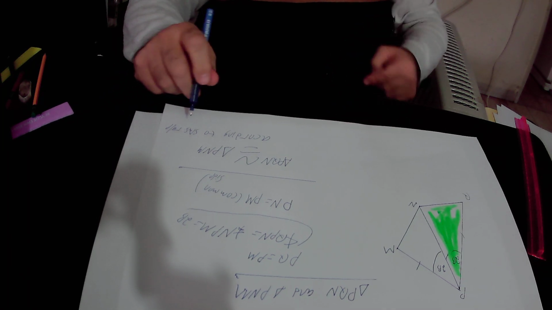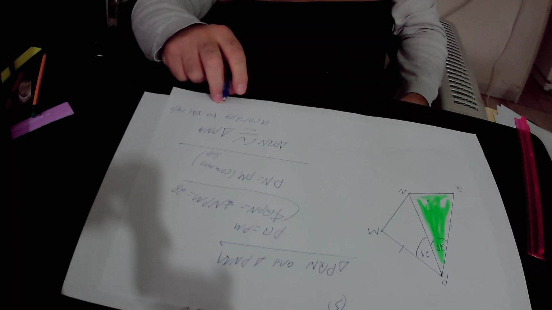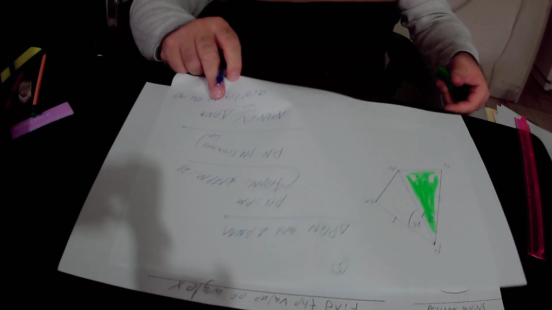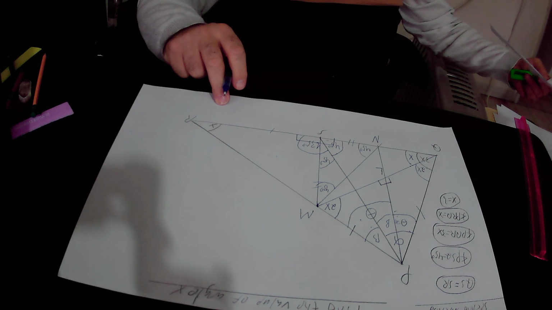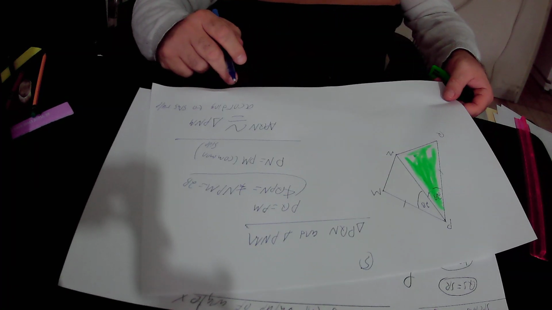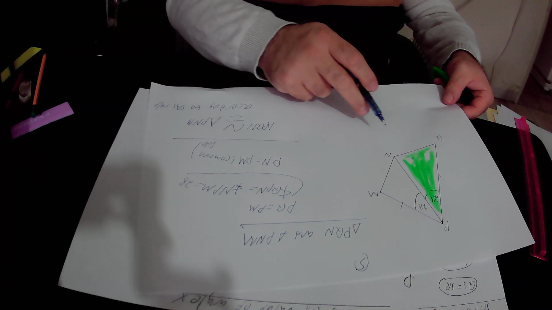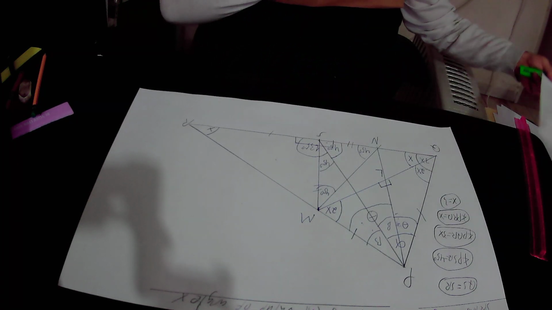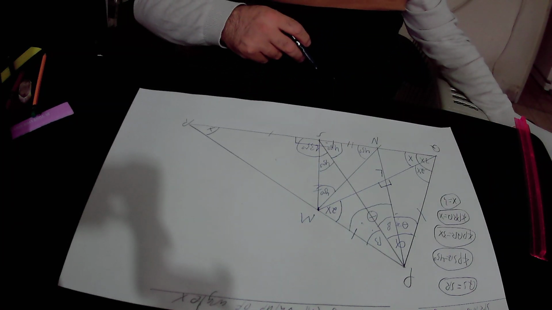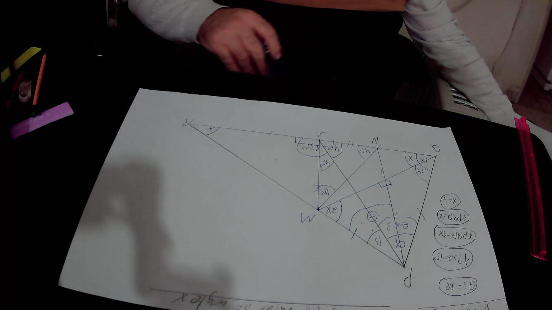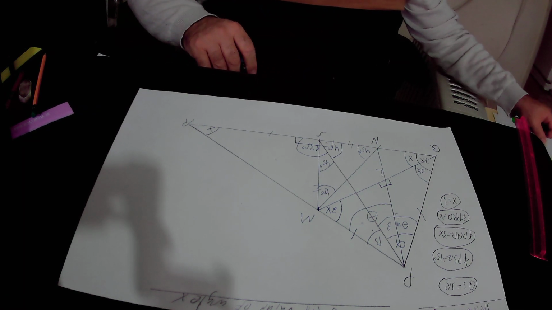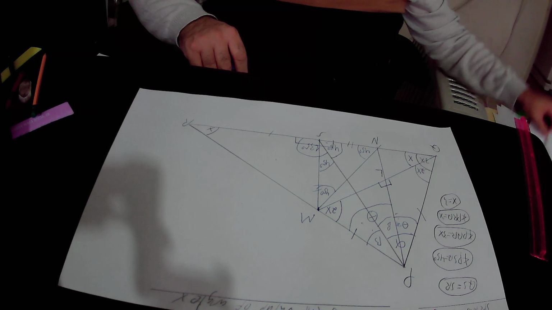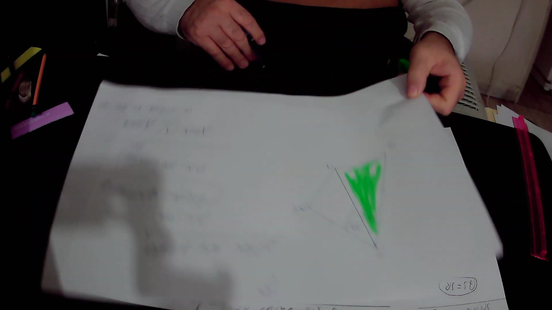And from the fact that those two triangles are congruent to each other, we will conclude that QN equals NM. So I'll write it here.